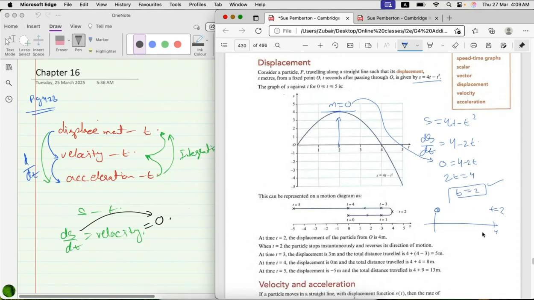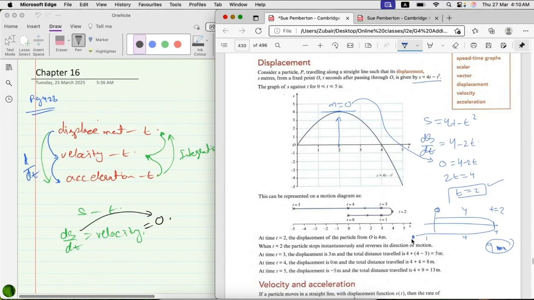Then at time 5, it is at position minus 5. So it just came here. That means the object was going there and then came back. So that means 4 and 5, total 9 meters. The object has traveled 9 meters. Displacement is minus 1.